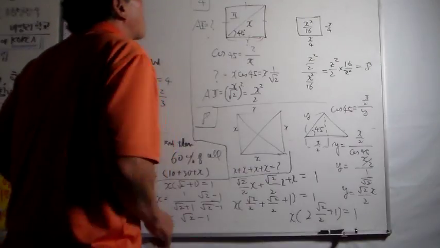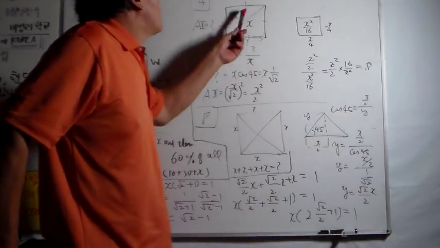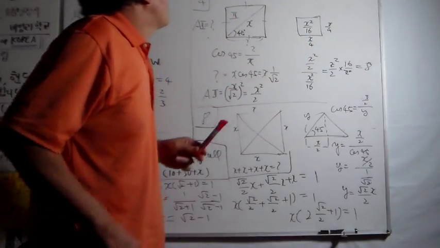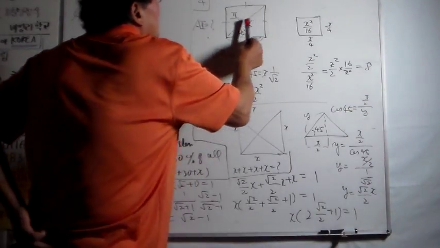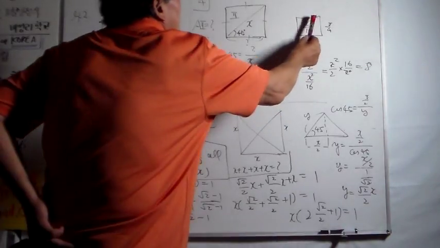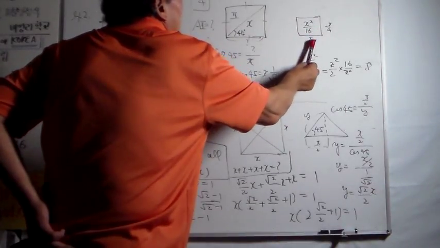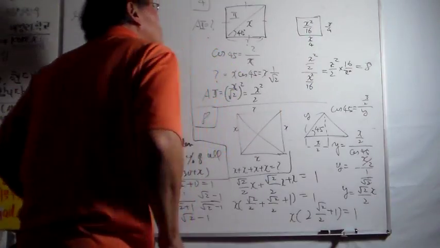Okay, example 4. There is a square of this size, and the small one is right there. They say this diagonal is the perimeter of this one, so one side length is x over 4 because it's a square.